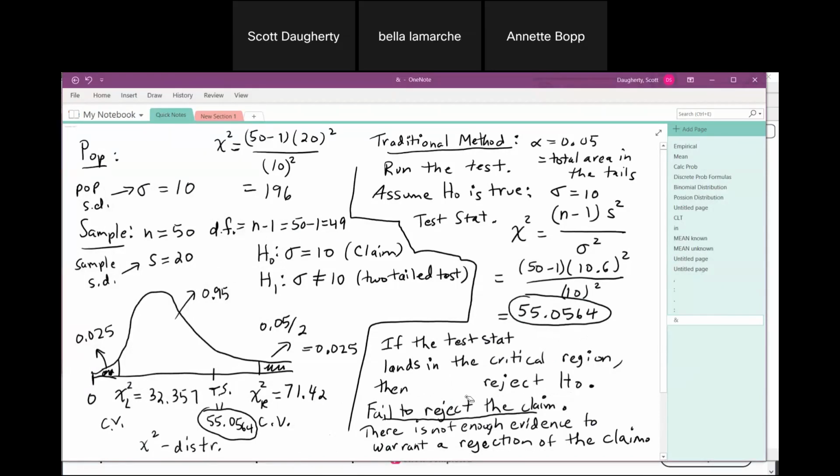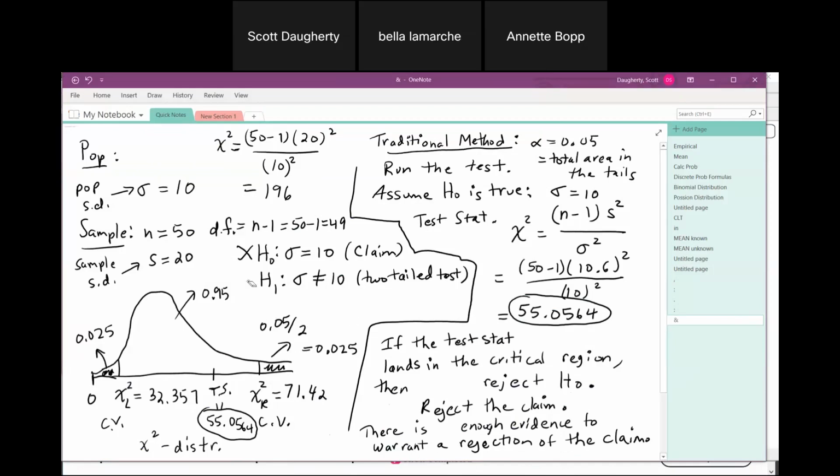And rejecting the null hypothesis is rejecting the claim. Those are the same thing. And in fancy words, you would say there's sufficient evidence to warrant a rejection of the claim. Instead of saying there's not enough evidence, you would say there is enough evidence to warrant a rejection of the claim.